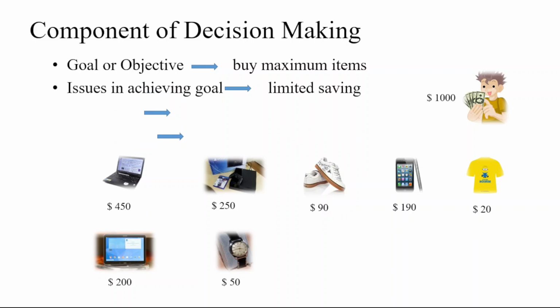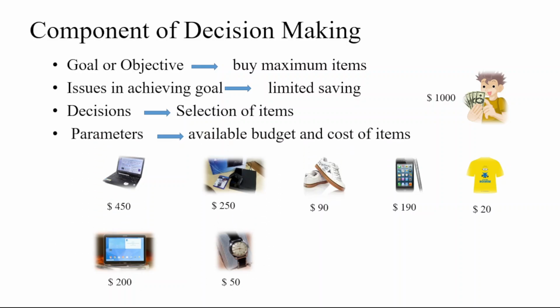So the issue in achieving the goal is limited saving, the decision that you will make is the selection of items, and the parameters are the available budget and the cost of items. On the basis of the cost that different products are offering, you can choose the required products with your pocket money, and then you will purchase them.